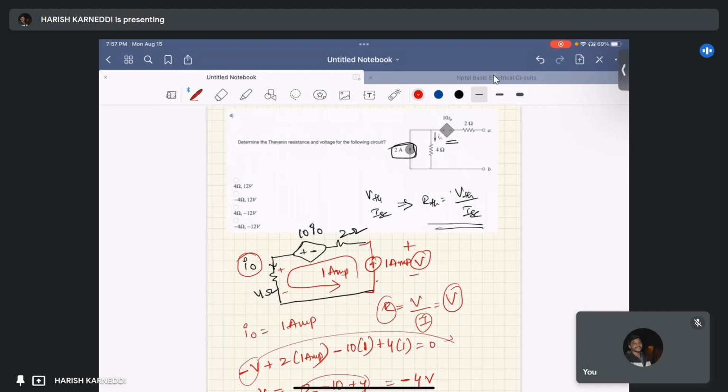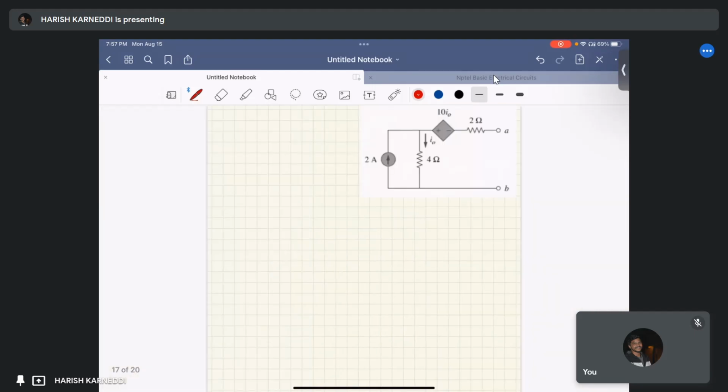Now we have to find the voltage also, that is the voltage across this element. So the 2 ampere source. This current is 2 amp, right? Why?